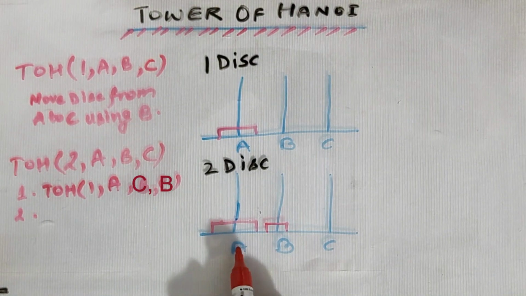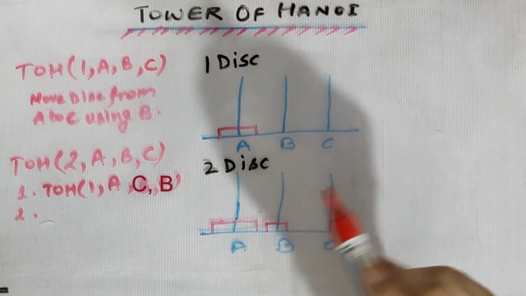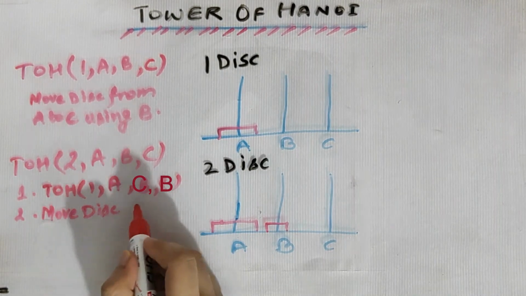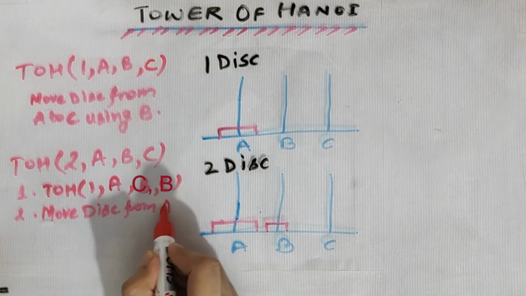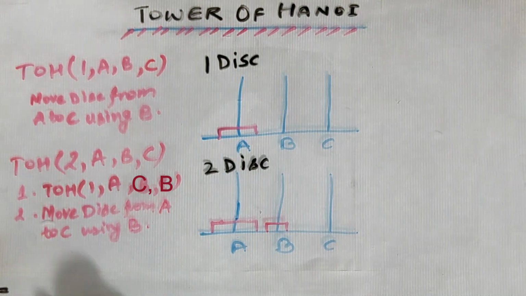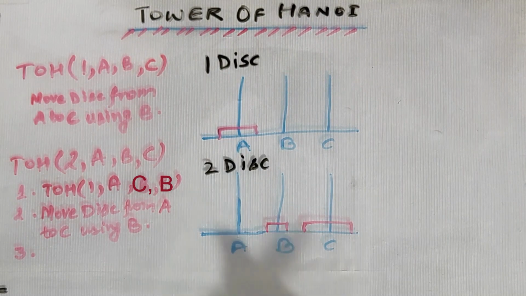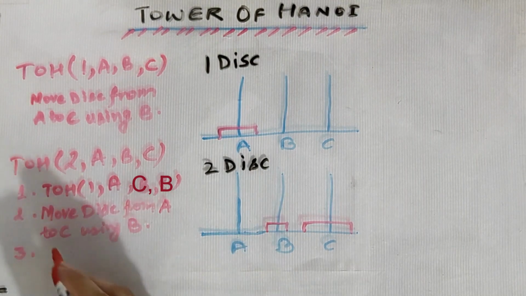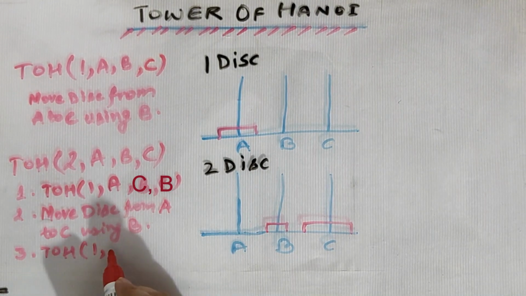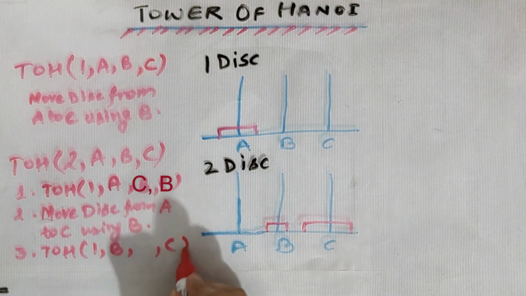Now at tower A, we have exactly the same problem as above, where we have to move one disk from A to C, so we simply write move disk from A to C using B. Now we have one disk at tower B and one disk at tower C. So now we can easily move that disk from tower B to tower C. We write TOH, moving one disk, from B to C, using A.